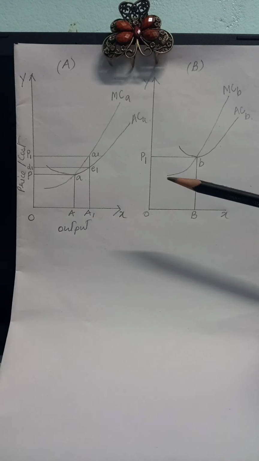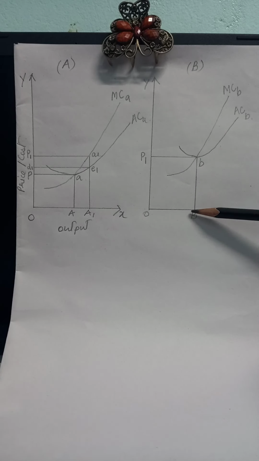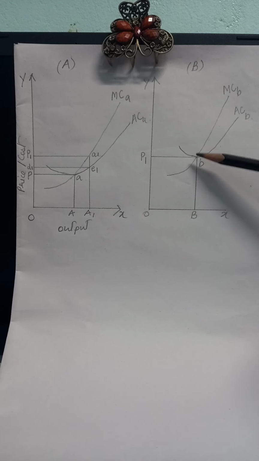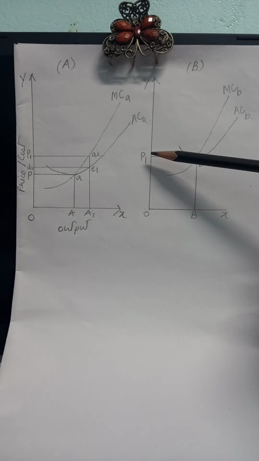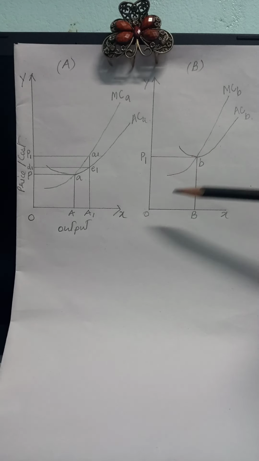At this OP1 price, the price just equals the average cost, because the average cost passes from here, touches this point, then rises upwards. Point B determines BB as the price, or OP1, and OB as the output. But since the price just equals the average cost here, this plot of land at this moment does not yield any rent.